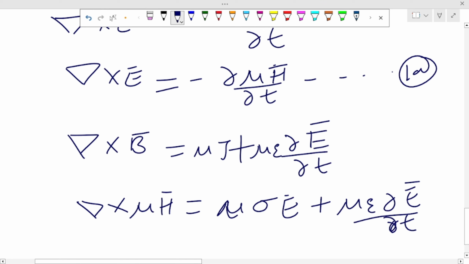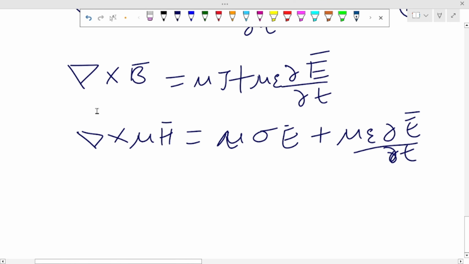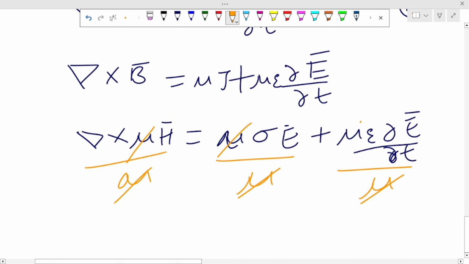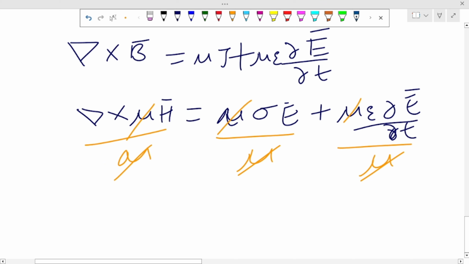Now, what we need is the magnetic field intensity, not permeability multiplied by this. So we are going to divide through to cancel out that permeability. Of course, we divide everywhere. Permeability cancels, permeability cancels.